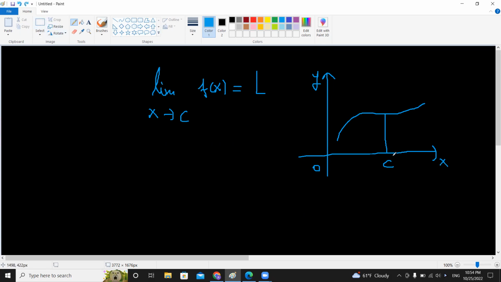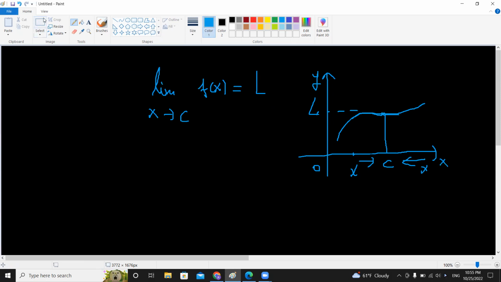Regardless of whether this point is included in the domain, when we take x from the left side and right side and approach c, our function approaches some certain number, which we call the limit of the function. So the idea of the limit is also used with the idea of continuity.